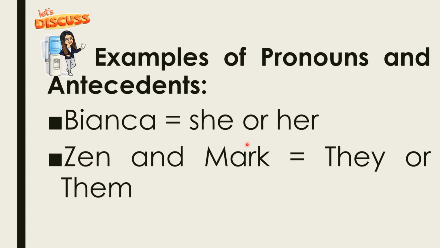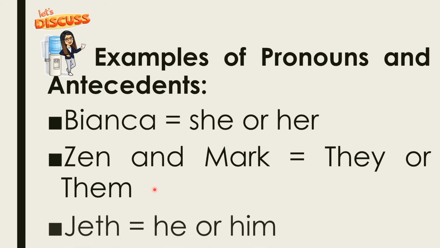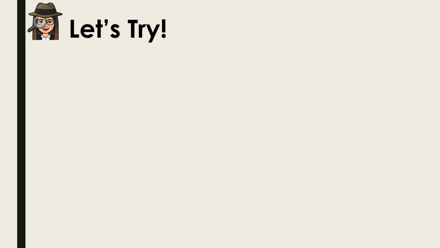Since they are pertaining to two people or more, we can use the pronoun they or them. Next, we have Jet. Jet is the antecedent. And since Jet is a male, we will use the pronoun he or him. Do you know now what antecedent is?